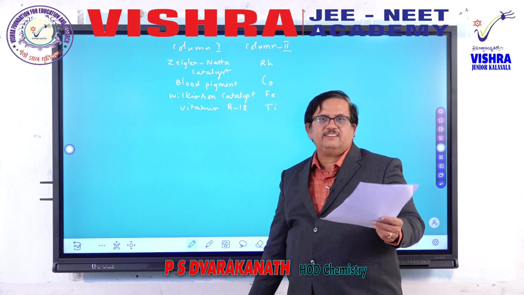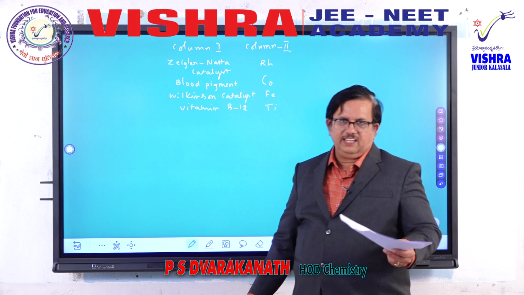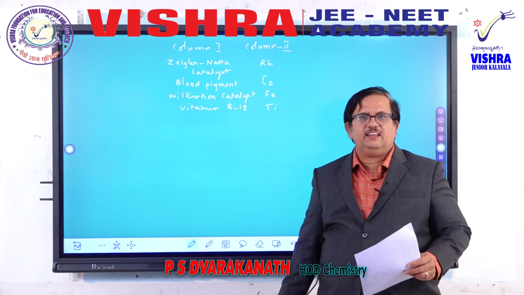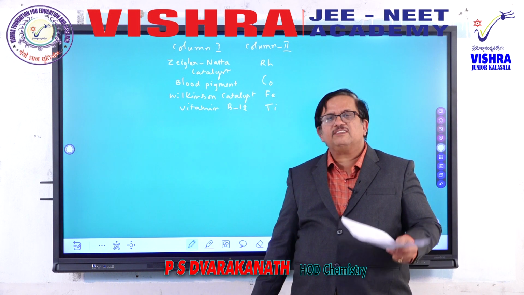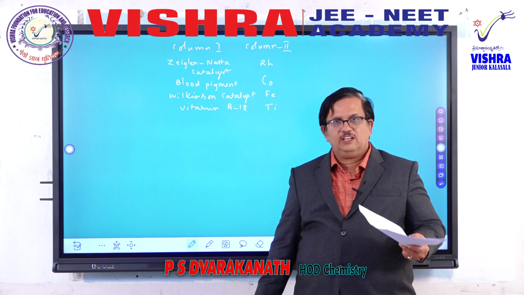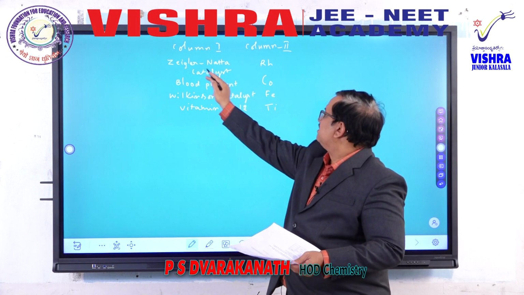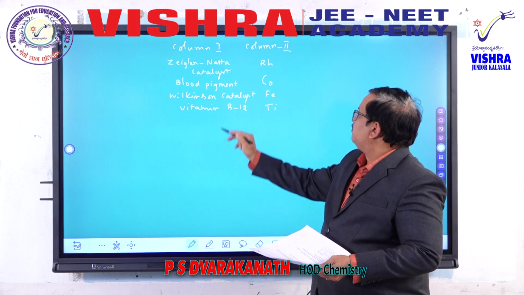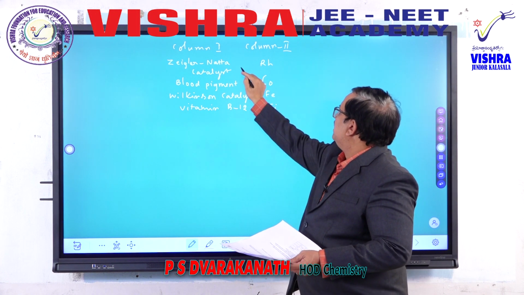Ziegler-Natta catalyst is used in the polymerization of alkenes, especially polymerization of ethylene. What is the Ziegler-Natta catalyst? It is titanium tetrachloride and trialkyl aluminum. That is the catalyst. But here, the Ziegler-Natta catalyst has to be matched with titanium.